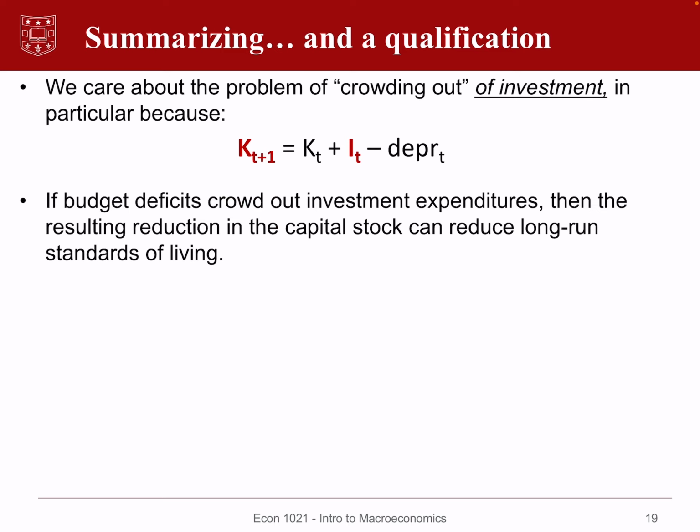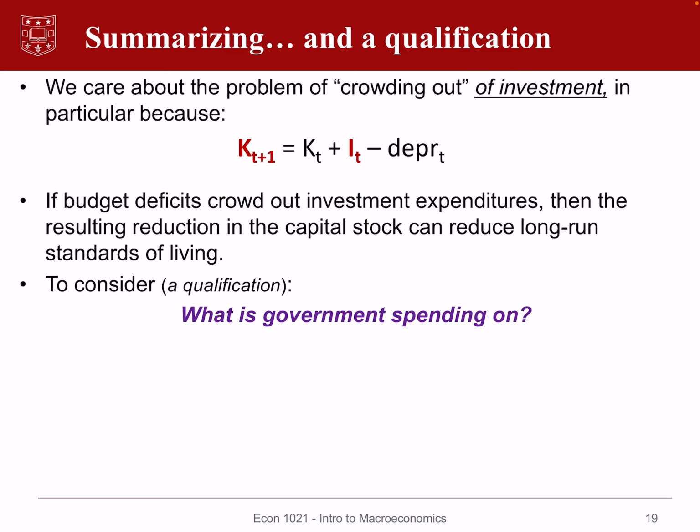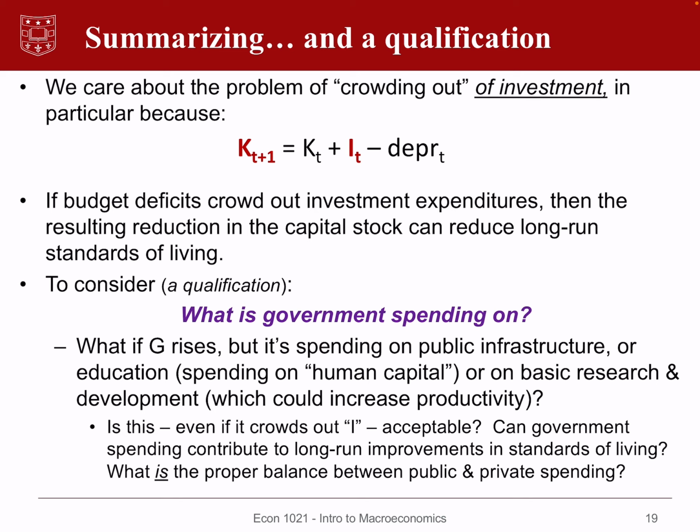Now, I think at this point it is important to say that this is not me saying we should never run budget deficits or all government spending is bad. I think it is a fine bit of positive analysis, but it's also good to say, well, wait a minute, what else? So one obvious question that we could ask at this point is, what is government spending on?